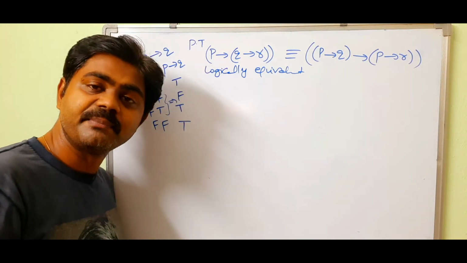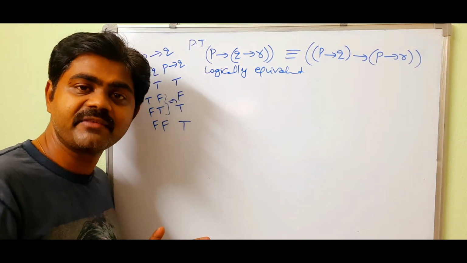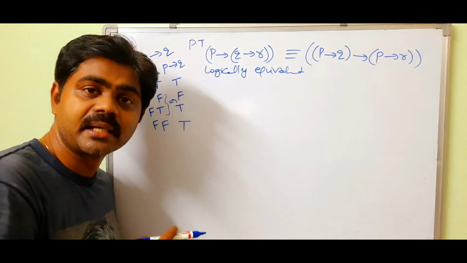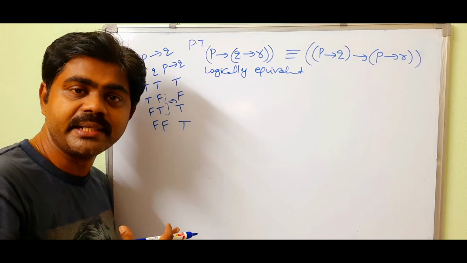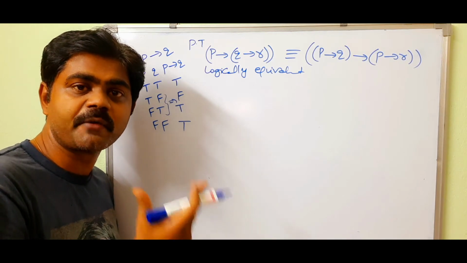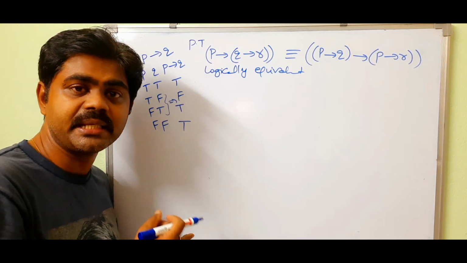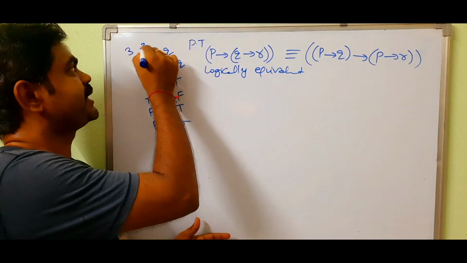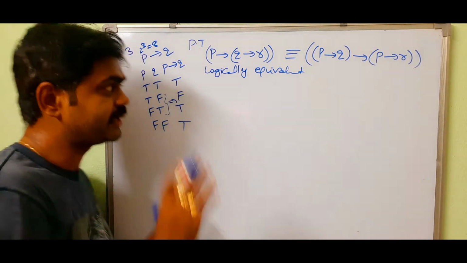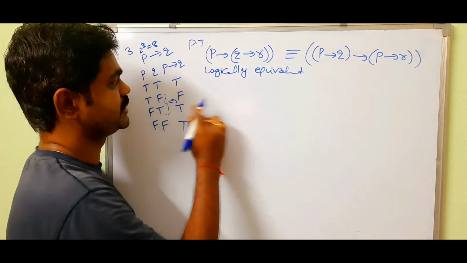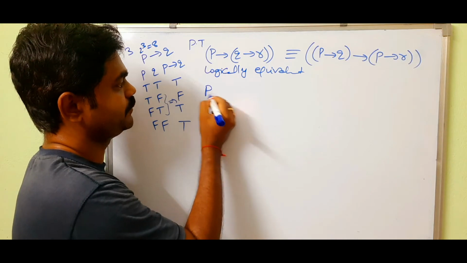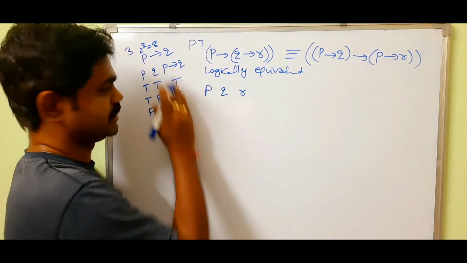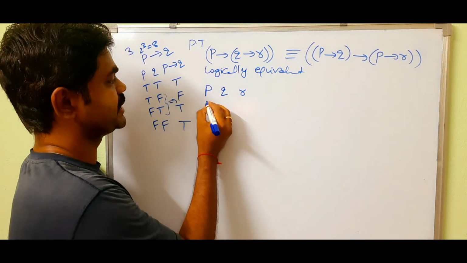So what I said, before solving our problem we need to check the given propositions. So here I have P, Q and R. If I have P and Q only, then it is 2, so I will give 2 power 2, I will get 4. Now I have P, Q, R, that is 3. So 2 power 3 I should get 8 truth values. Okay, right. So first P, Q, R. Okay, I will write the truth values here.